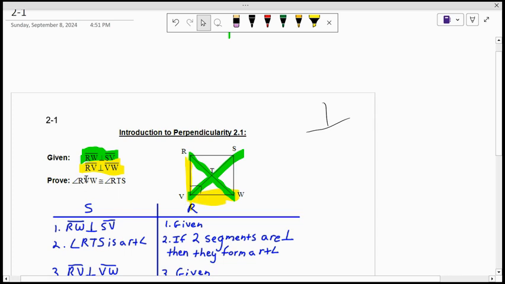And then with any proof, you should always go through based off of what you're trying to prove here. So RVW, we are trying to prove is congruent to RTS, which, hey, guess what? We're going to have that they're both right angles, which then proves congruency.